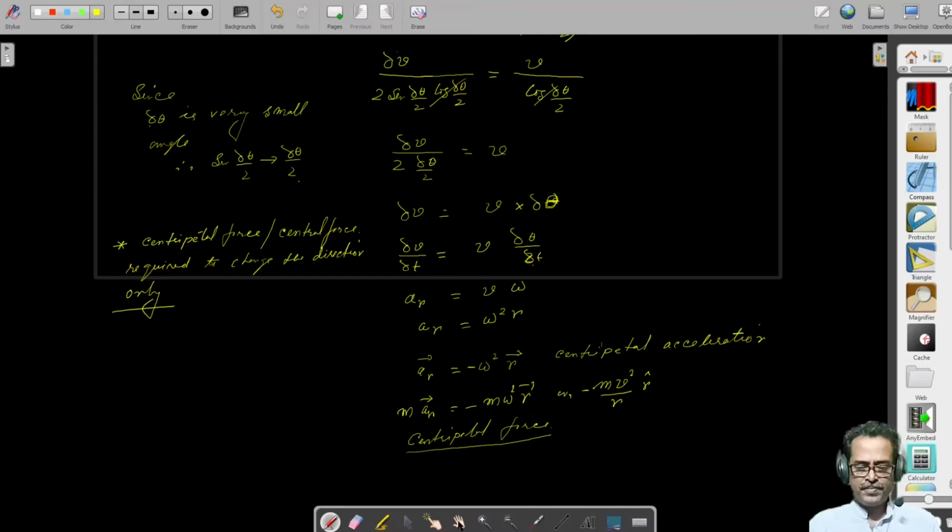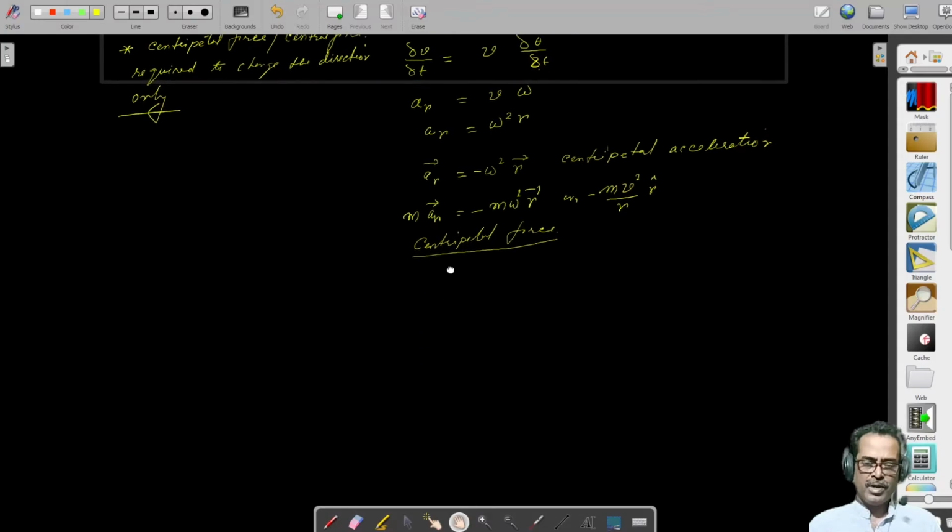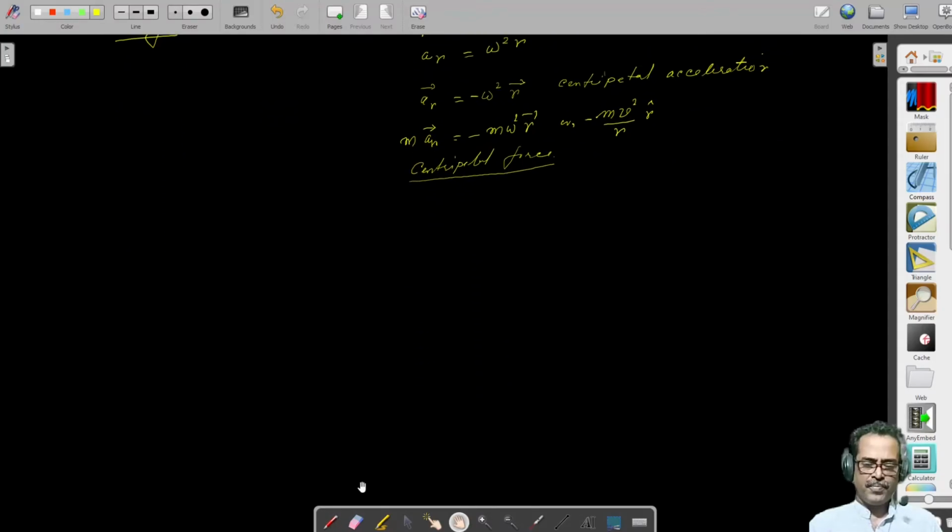Now, application of this. Since a body rotating in a circular reference frame, that is the reference frame which rotates in a circular path, there should be a centripetal acceleration.